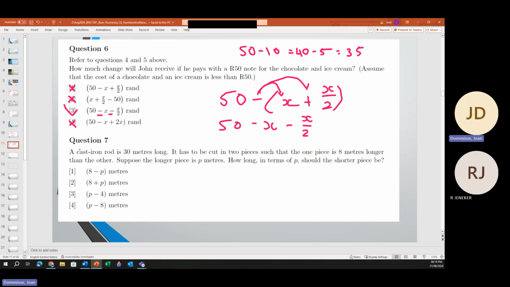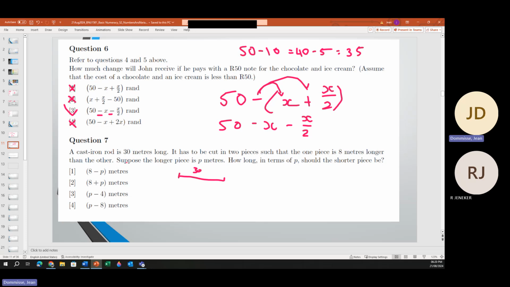Okay, another one that I got from a previous exam paper is this one where they say a cast iron rod is 30 meters long. Okay, so they say it's 30 meters long. Then they say it has to be cut into 2 pieces such that one piece is 8 meters longer than the other.